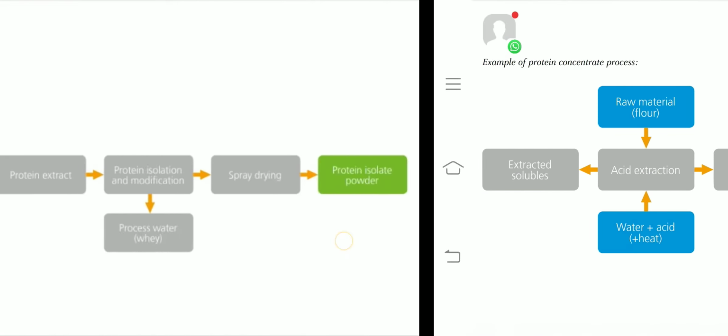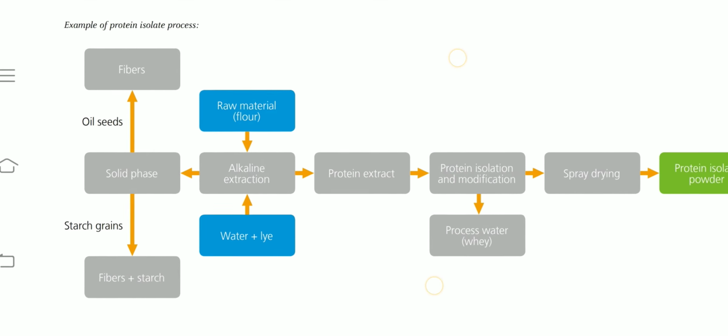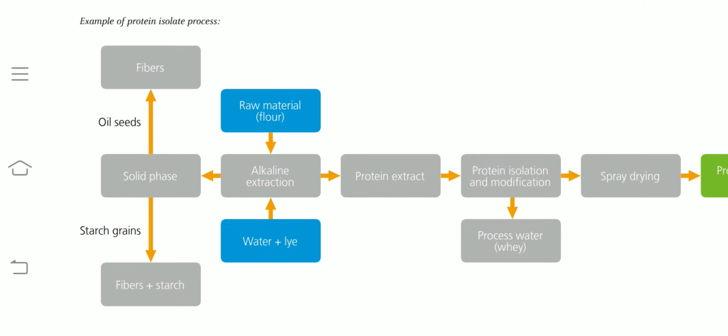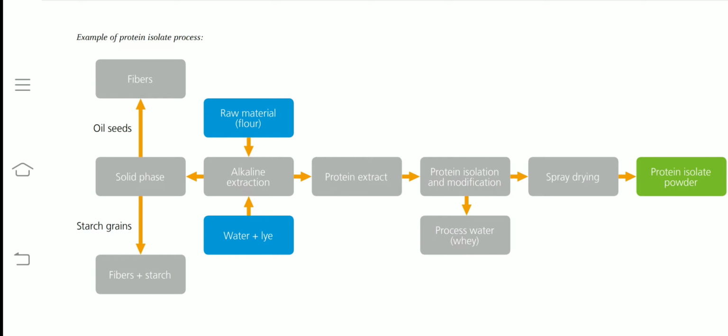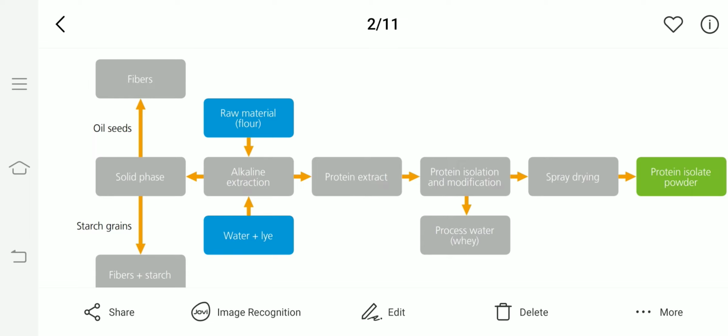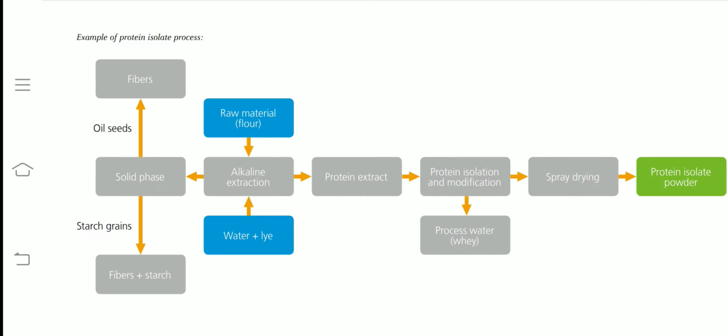But first, we should see how the isolate is extracted. If the raw material is flour, then alkaline extraction will be done, and after alkaline extraction, the solid phase is fiber plus starch.